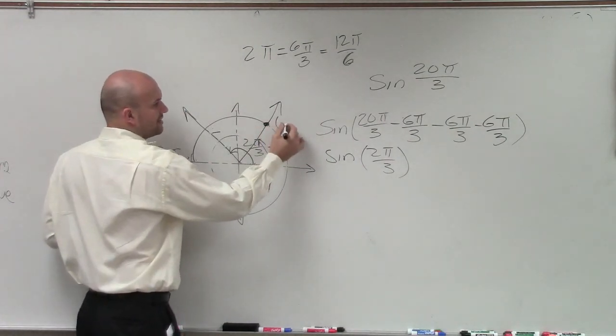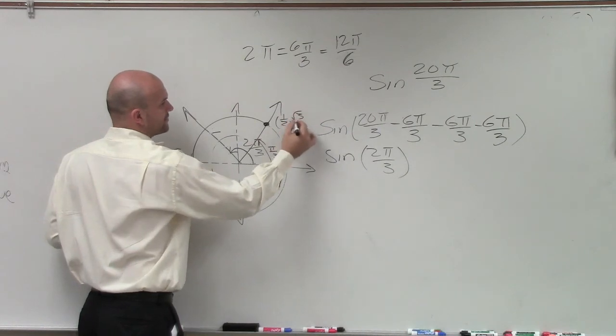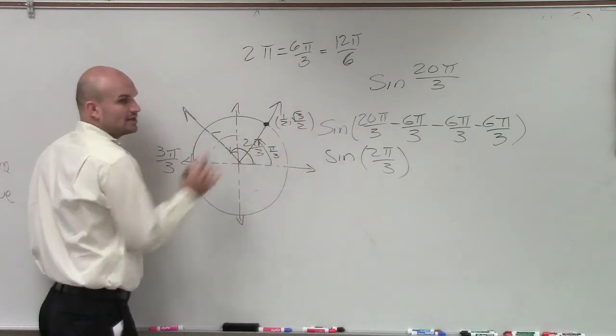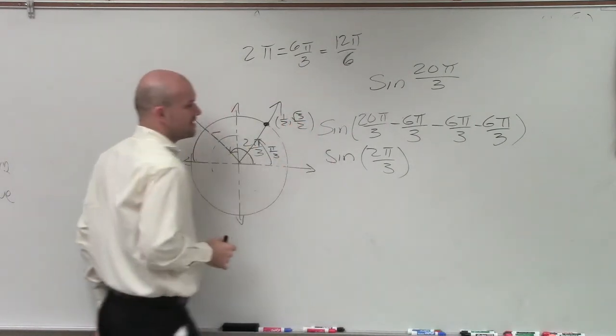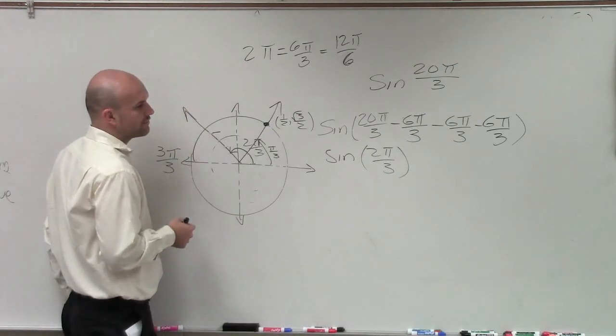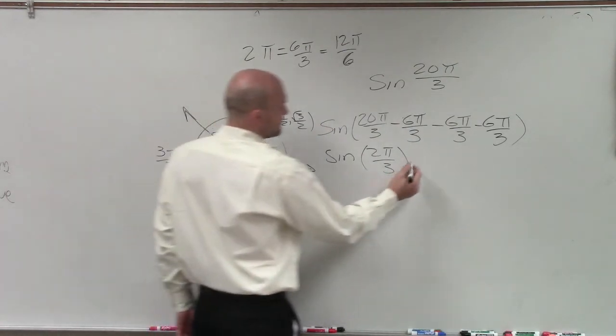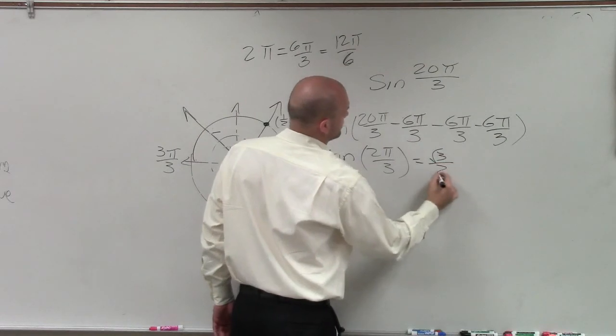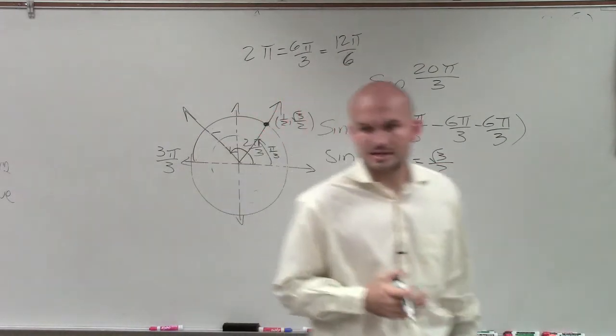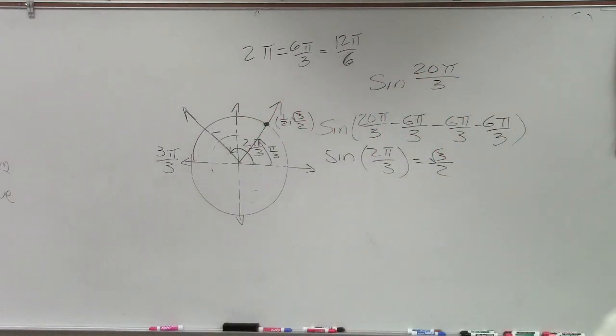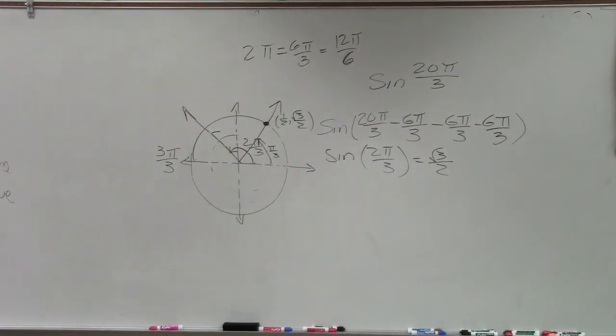Well, this point is 1/2 comma square root of 3 over 2. So the y-coordinate of sine of 2 pi over 3 is going to be square root of 3 over 2. And that's where I got that point. All right? So if you want to draw the graphs all the time, you guys can go and do that. Or you can just go ahead and find coterminal angles.